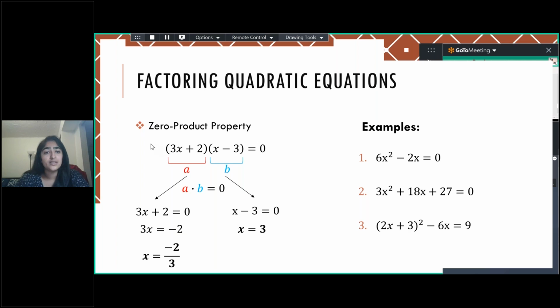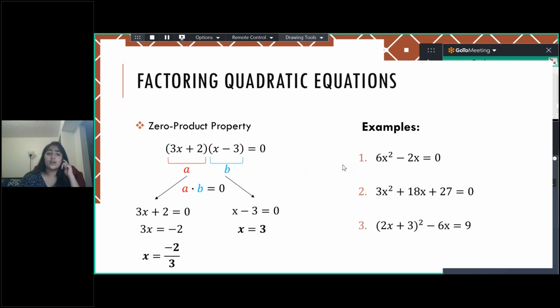Say we call 3x plus 2 A, and we call x minus 3 B, and we simplify it into A times B equals 0. With the zero product property, A or B, or both A and B, have to equal 0 in order for this equation to be true, since it has to equal 0.